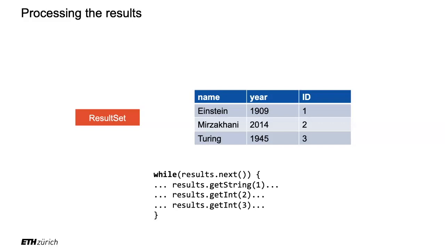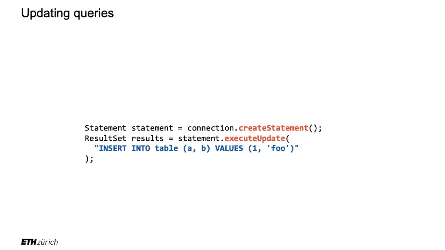So in that case, while we find the next row, we keep repeating. We go row by row, maybe 1,000,000 times. And for every row, that's what you have inside, we get the name, we get the year, we get the ID. And we repeat. And then at some point, next will return false because we're out of rows, and then it stops, right? And typically what you do is that you append some HTML to the page as you go to create what the user sees, all right?